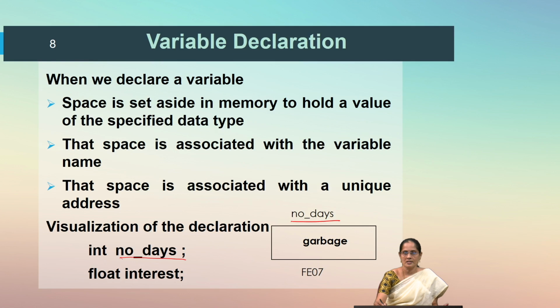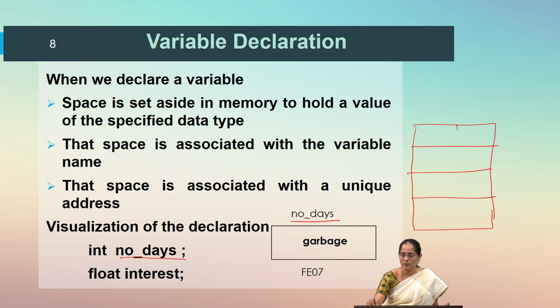Say for instance, I have a set of variables defined in a program. I declare a variable named a, which is of integer type. Then in the symbol table, with respect to the variable name a, a unique address is assigned.